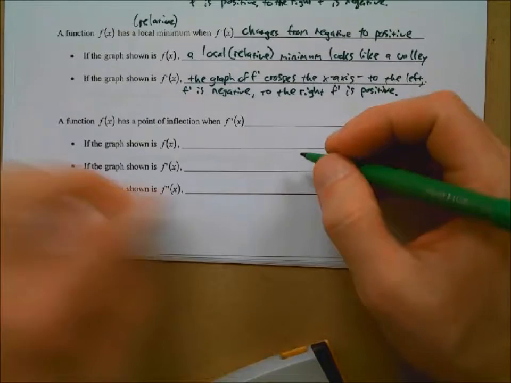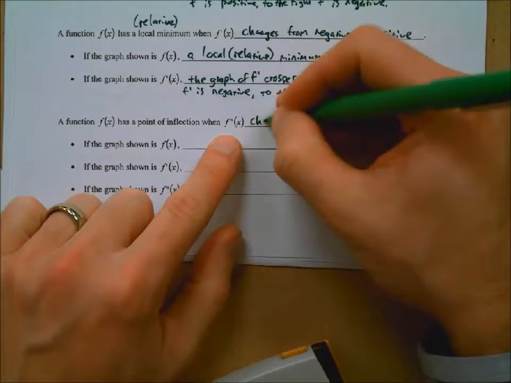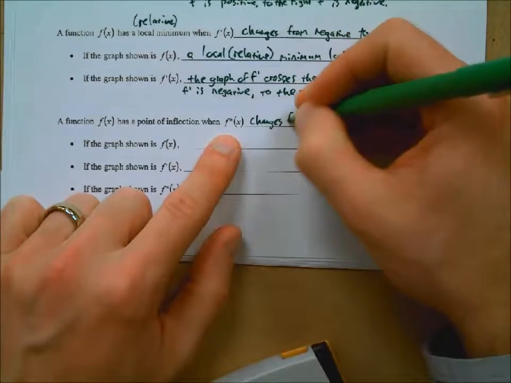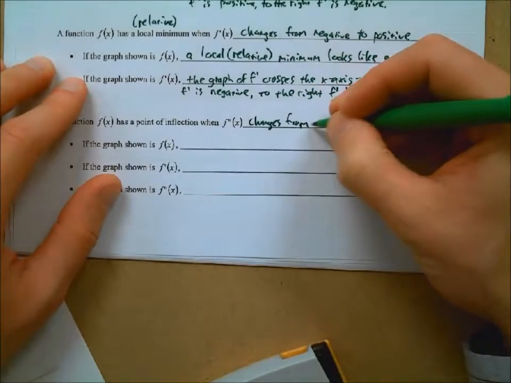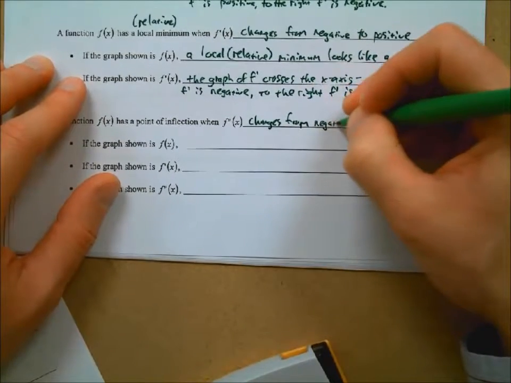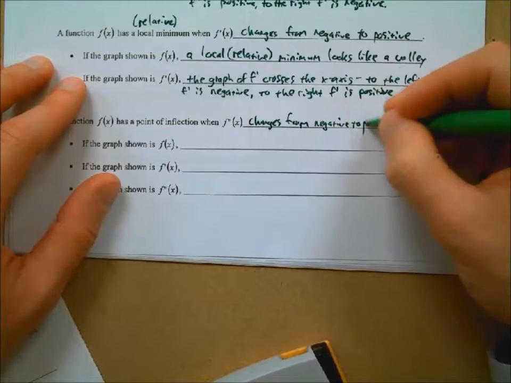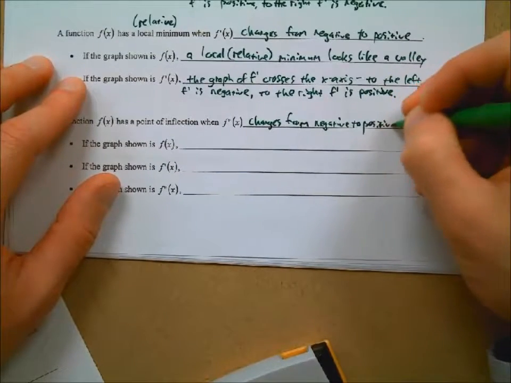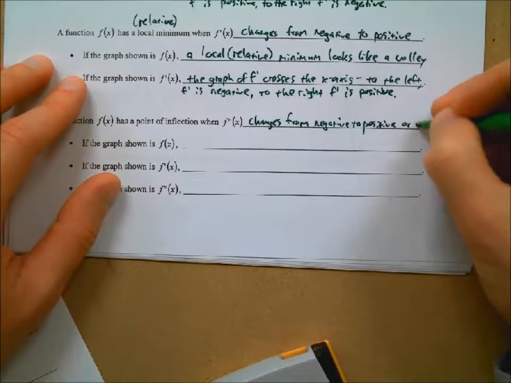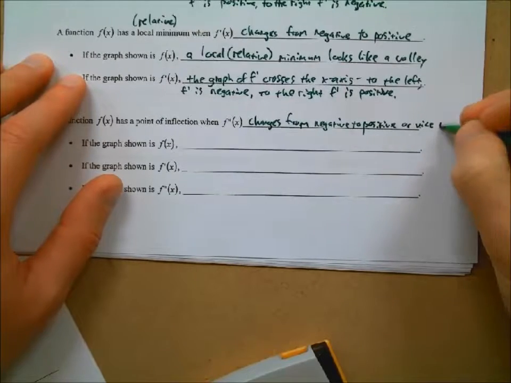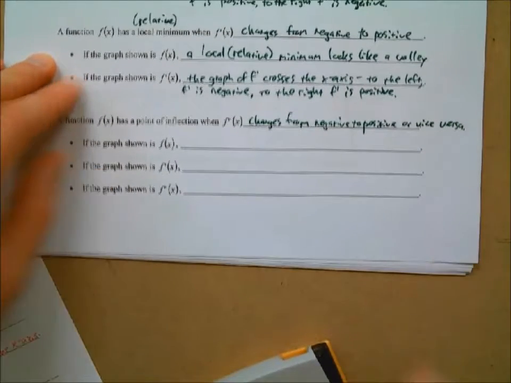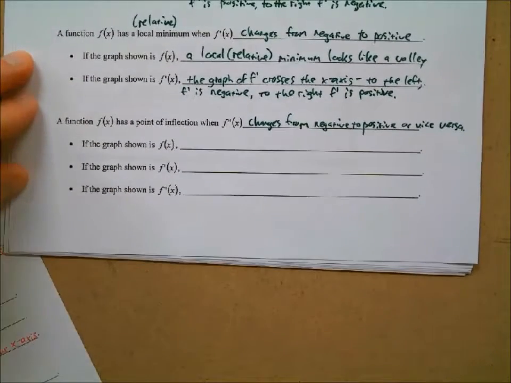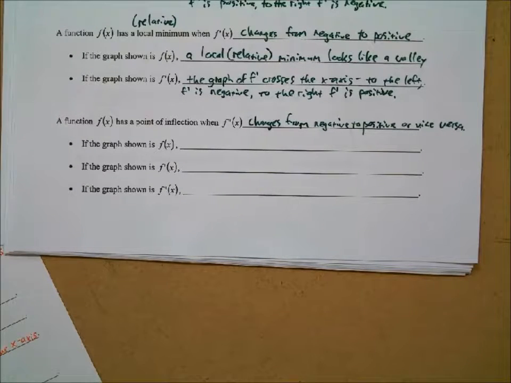So when f prime prime changes from negative to positive, I'm just going to put or vice versa. Okay, I think that is sufficient. I think you're allowed to use vice versa, I'm pretty sure. Okay.